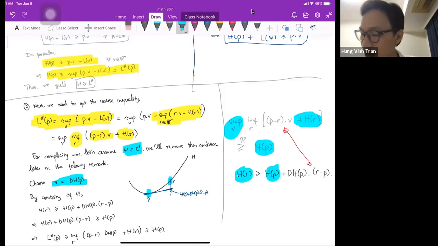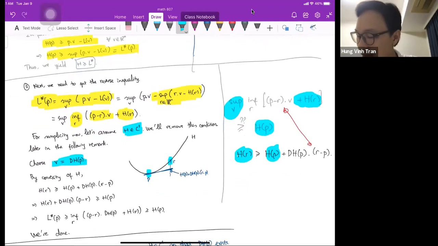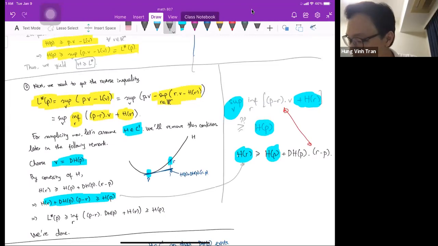Because if I choose V exactly dH of P, what I wrote down here is exactly just the inequality here. Whatever looks complicated here is exactly here, right? So we are done.